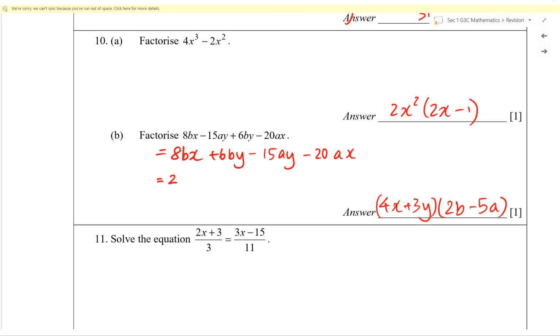Do you say b? Yeah, okay, correct, it is b. See, b exists in both of them. So 2b. When 8bx is divided by 2b, we're left with 4x. Next, 6by divided by 2b, we're left with 3y. That is for the first pair.